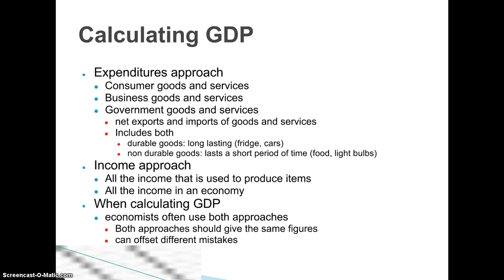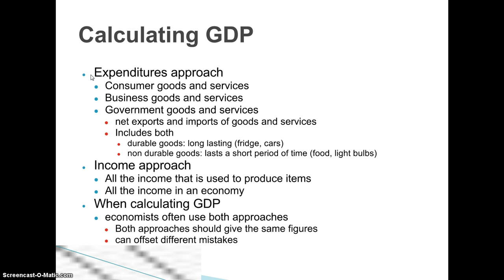In terms of calculating GDP, there are two different approaches. The first is the expenditures approach, and the second is the income approach. The expenditures approach basically looks at all of the goods and products that are produced each year, and all the money that goes into making them.